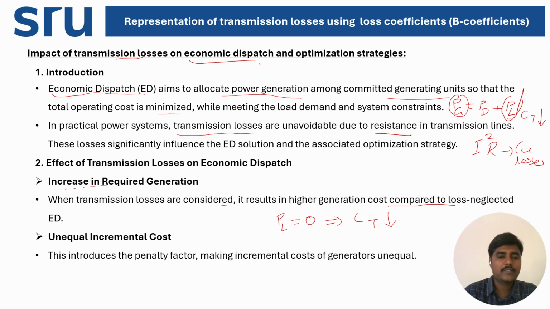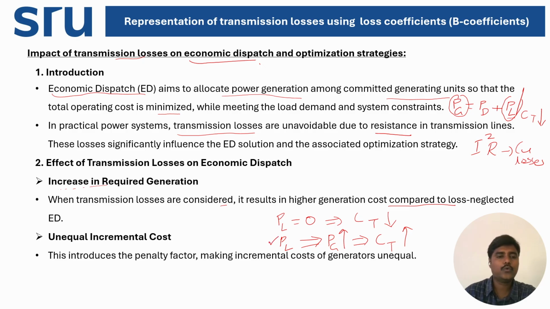In a practical power system, you always have to consider power transmission loss, due to which you have to generate more power. So PG should be more, which in turn increases the total cost of generation also.